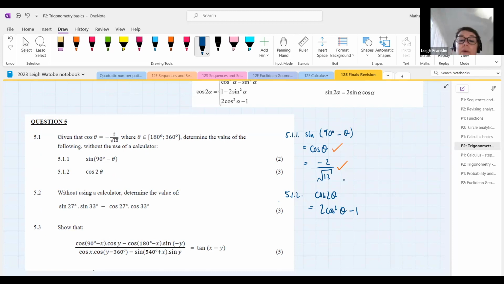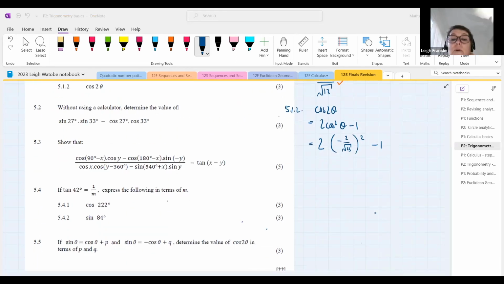All right, now what are we going to do? We have to sub in. So we would put in our 2, then we would put in our -2 over root 13, and we would need to square that, and we would need to take away 1. Now we've got our 2 on the outside.